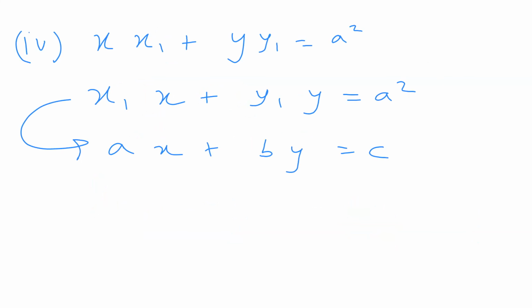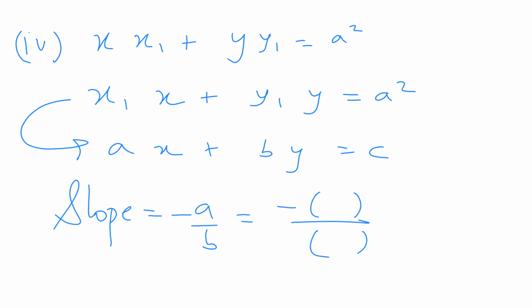So the slope is minus a by b, so a is the coefficient of x, that is x1, and b is the coefficient of y, that is y1, so the slope is minus x1 upon y1.